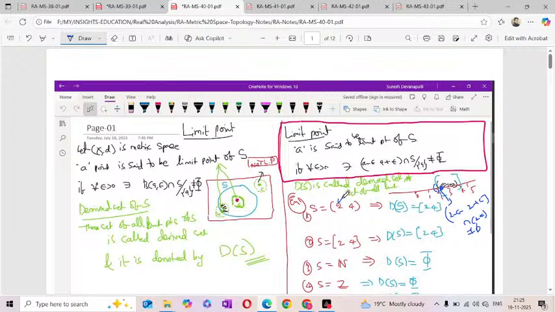So this 2 is a limit point of S. Similarly 4 is also a limit point. That means each and every point is a limit point, including 2 and 4. That is the derived set. The derived set is nothing but the set of all limit points of S. Similarly, the derived set of the closed interval [2, 4] is again the closed interval [2, 4].